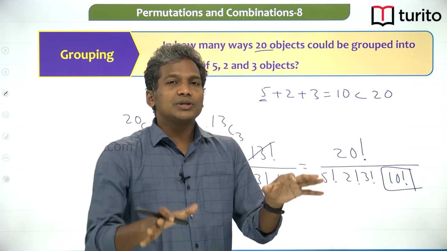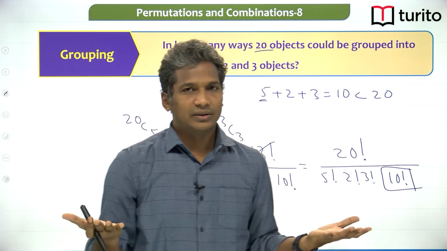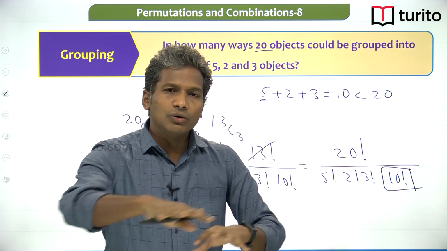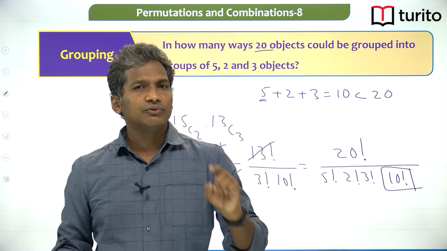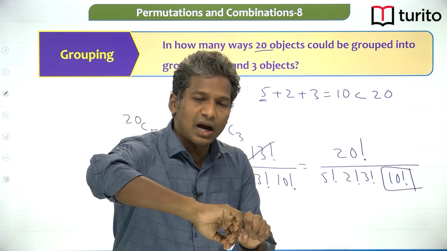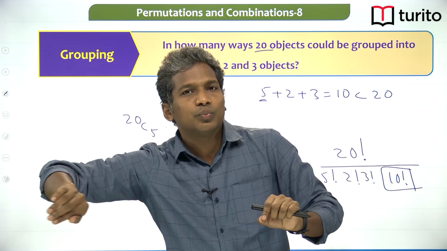Okay. So you can also understand it like this. Let's say there are 20 marbles on your table. Out of these 20 marbles you wanted to form a group of 5 marbles. How do you do that? You just select any 5 and separate them. So you have them on the table and you just separated a group of 5.